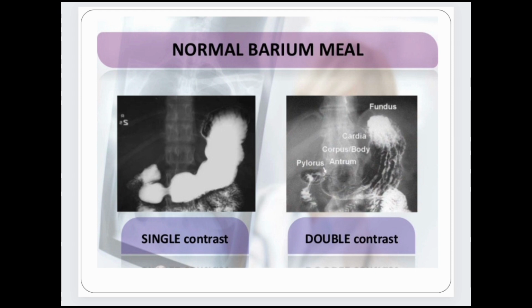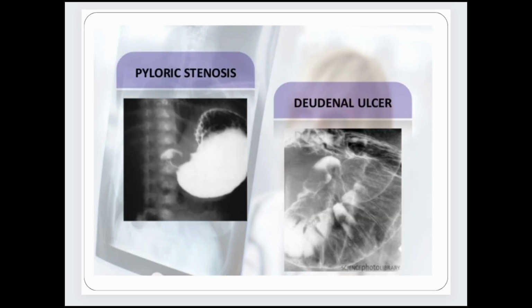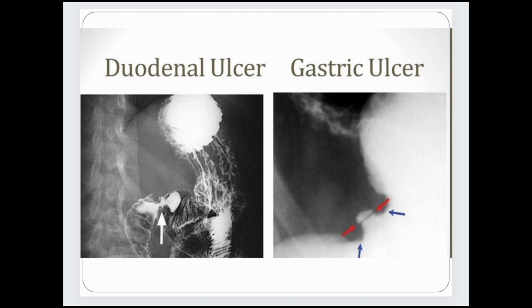Now this is normal barium meal in single contrast and double contrast. This is how barium meal appears in case of pyloric stenosis and duodenal ulcer. Another two images showing duodenal ulcer and gastric ulcer.